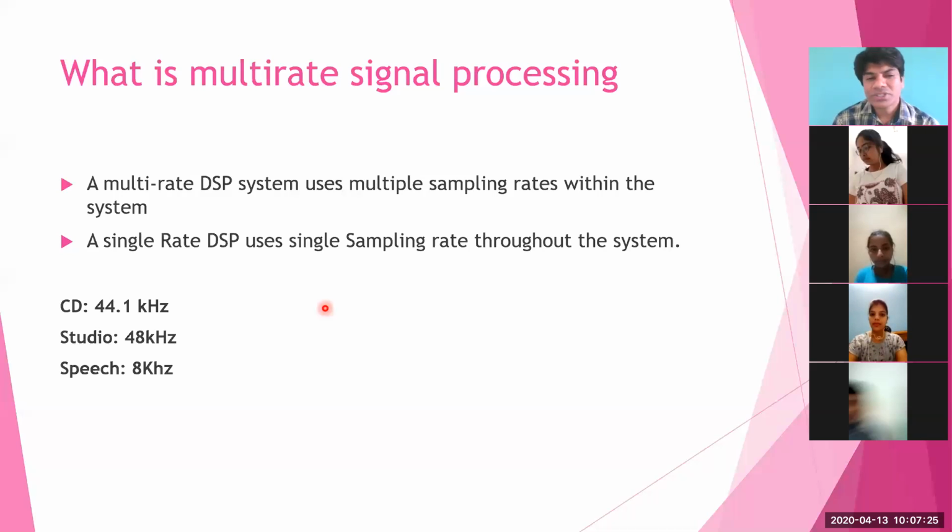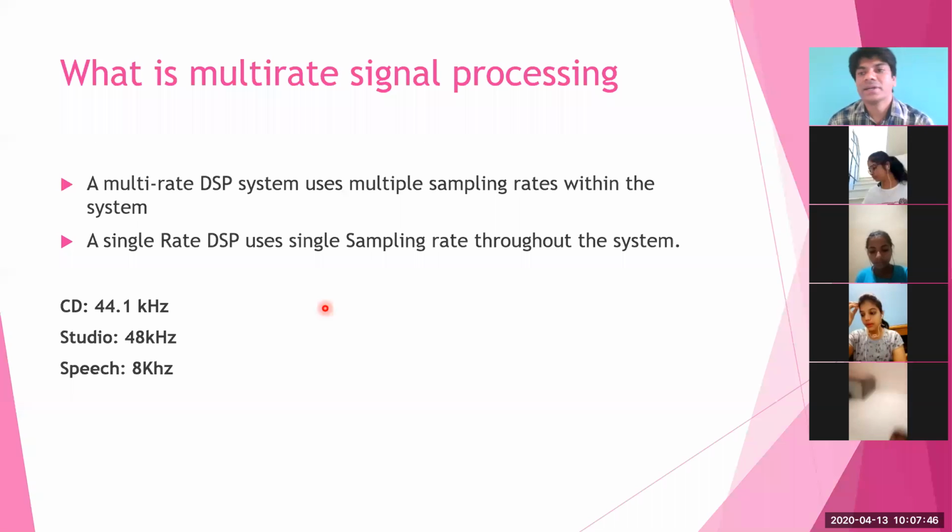But when that same information needs to be burned onto a CD, the CD standard uses a different sampling rate, namely 44.1 kilohertz. So this 48 kilohertz studio sampling rate is not compatible with the CD standard sampling rate. So that needs to be converted, right?